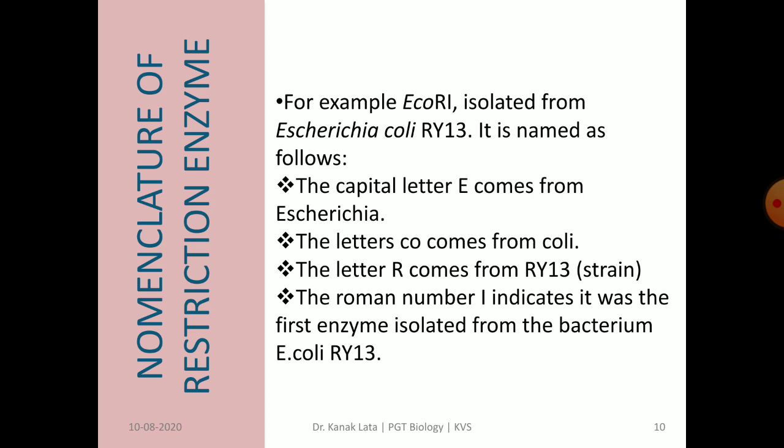Then the letter R comes from RY13, that is a strain. So the first letter of the strain, that is R, is written. The Roman number I indicates that it was the first enzyme isolated from the bacterium E. coli RY13.